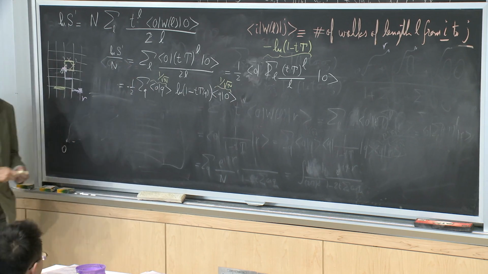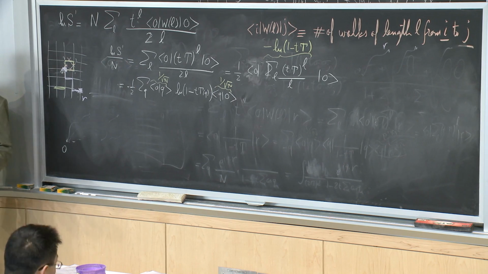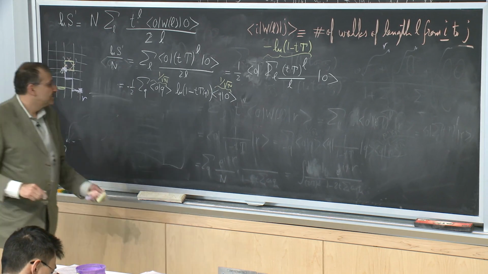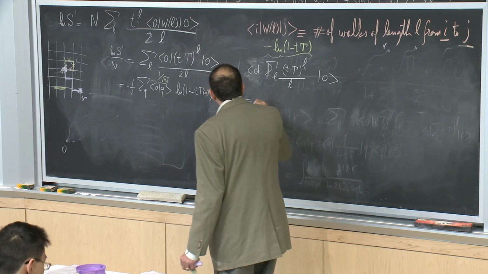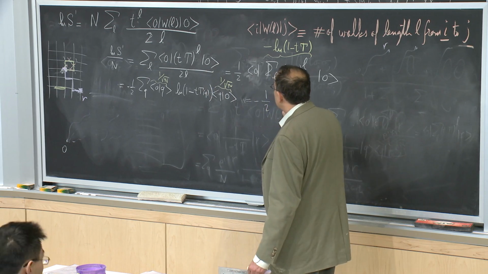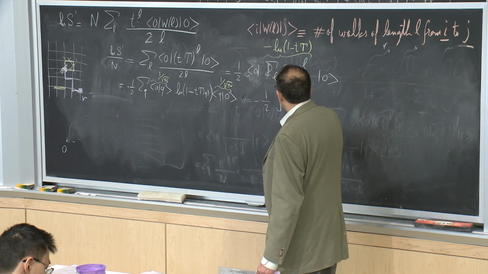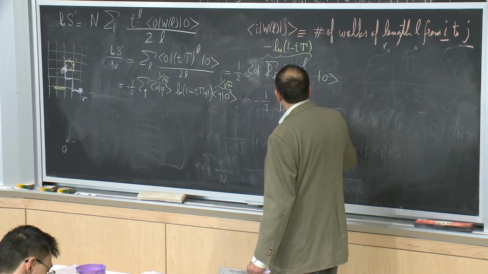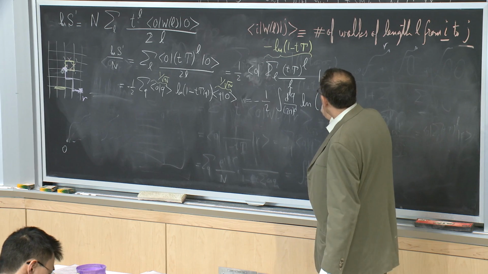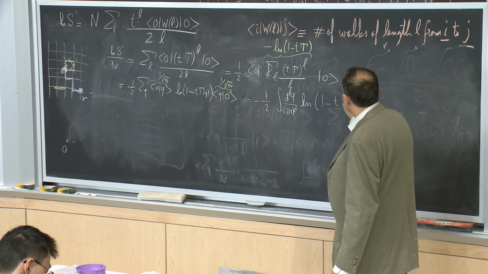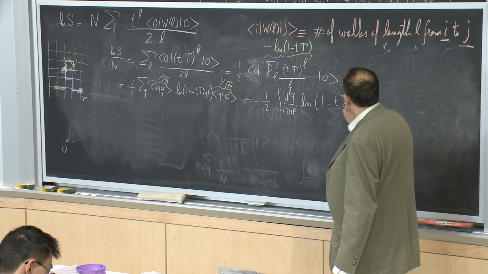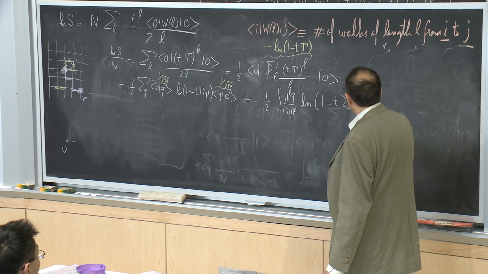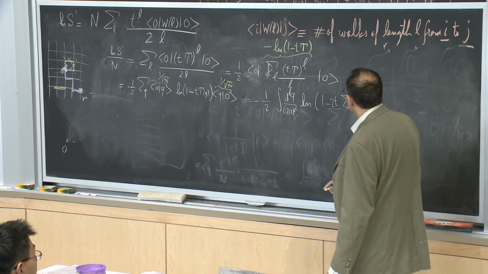The sum over q goes over to n integral over q. So this simply becomes minus 1/2 integral over q, d^d q over 2 pi to the d, log of 1 minus t, this sum over alpha cosine of q alpha with the 2 that we had over here.